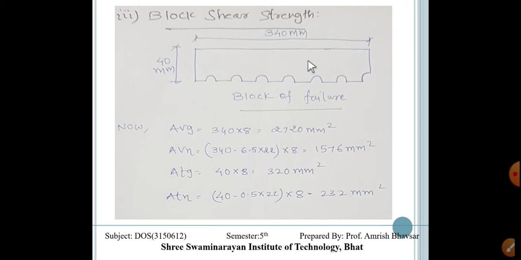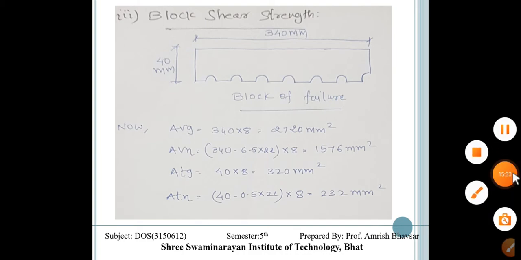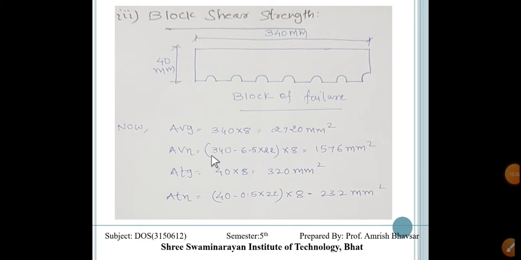Now from this we have to find out AVG, AVN, ATG and ATN, and these things were clearly understood by us in our previous chapter, that is bolted connection. So AVG is equal to 2720 mm square, AVN is equal to 340 minus 6.5 of 22, the diameter of the bolt, multiplied by 8.